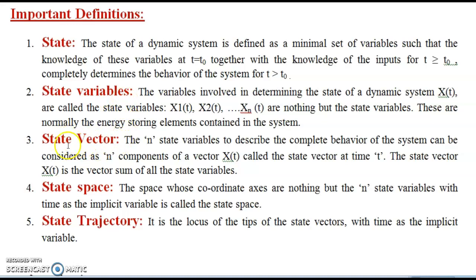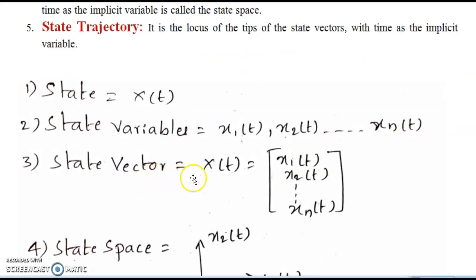Next, the state vector. It is the n number of variables that describe the complete behavior of the system. It is the vector of all the state variables. Here the state is x of t and the variables are x1, x2, up to xn.